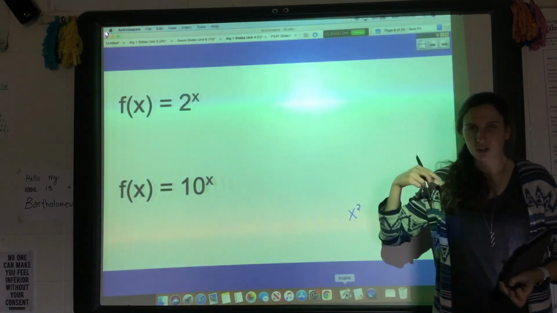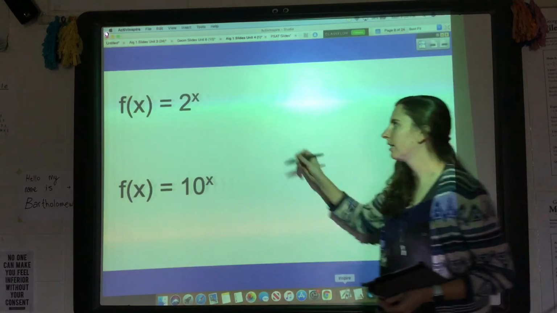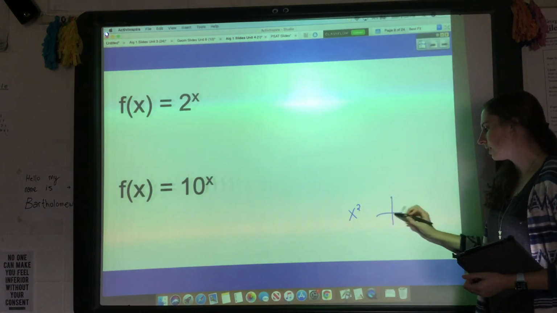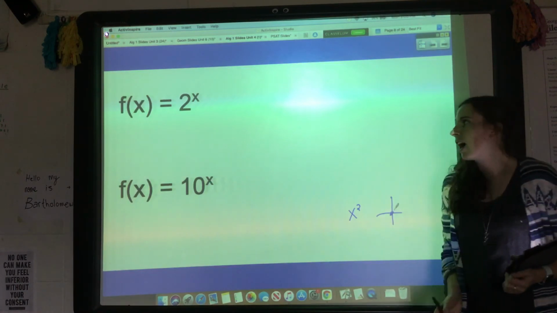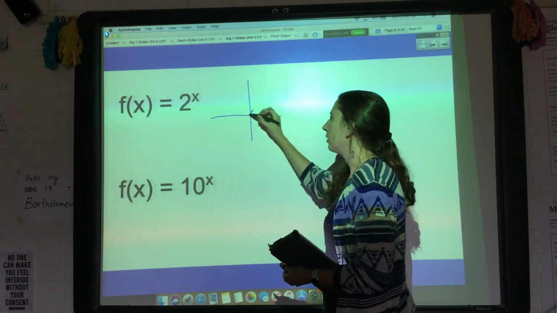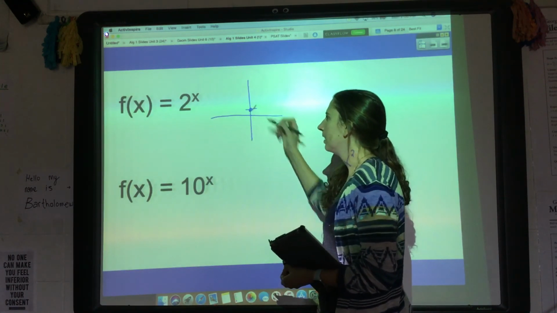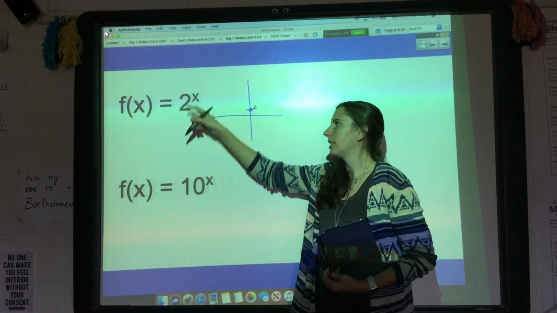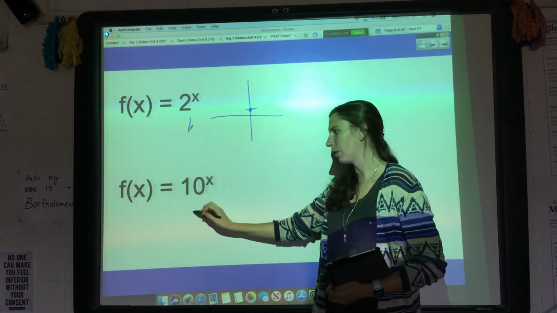Also, you need to know what the graphs of these look like. Keep in mind, typically when we have a parent graph like x squared, it always starts at 0, 0. That is actually not the case with exponentials. They always start at the point 0, 1. That's because if you plug in 0, 2 to the 0 is 1, or 10 to the 0 is 1.